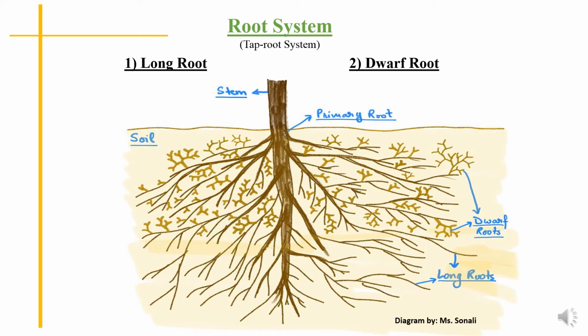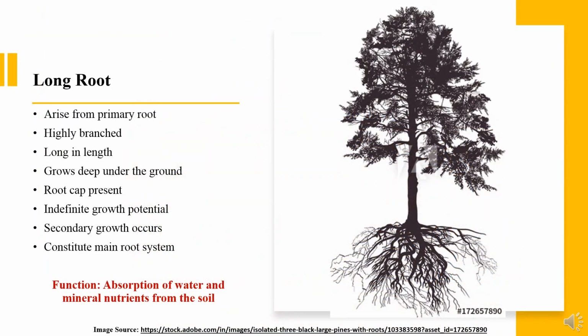Now we can study root of Pinus under two categories: long roots and dwarf roots. If we go in detail, first, long roots are those roots that arise from primary root as lateral branches. These are long in length and penetrate deep into the soil.